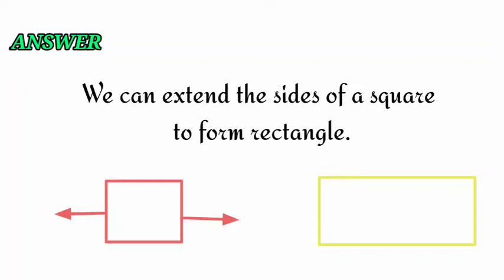We can extend the sides of a square to form a rectangle. We first took a square, and if we extend the sides of that square, it forms a rectangle. How can a square be changed into some other four-sided shape? We can change it into a rectangle. But a rectangle can never be a square; a square can always be a rectangle.